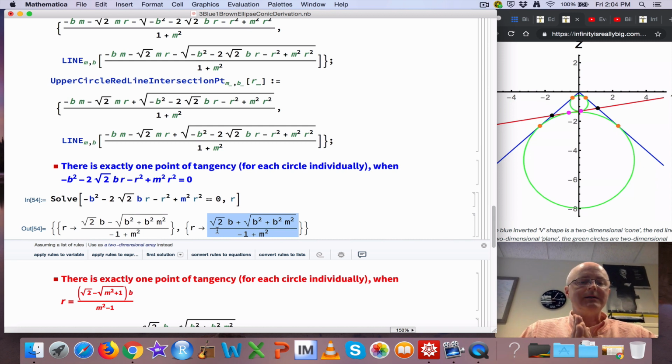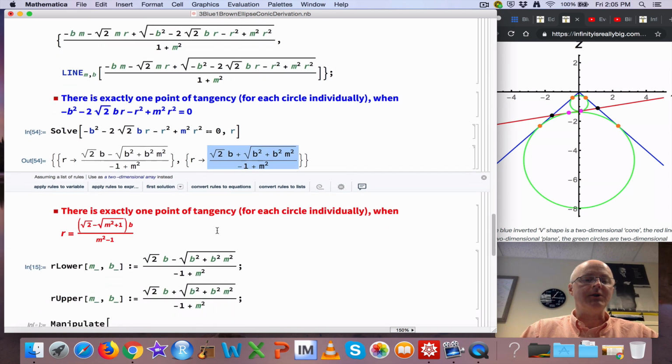These are going to be radii, r values of the two circles, for any given fixed m and b, for an arbitrary slope and intercept of the red line and ultimately the red plane in 3 dimensions. These are the radii of the circles or the spheres in 3 dimensions that will be the Dandelin spheres that just touch the lines or the planes in 3 dimensions.